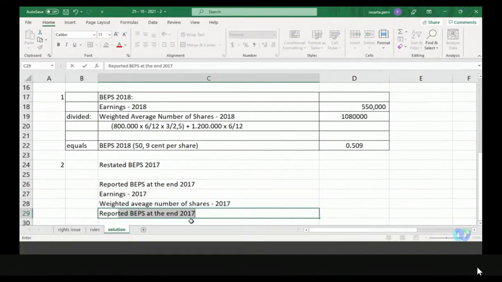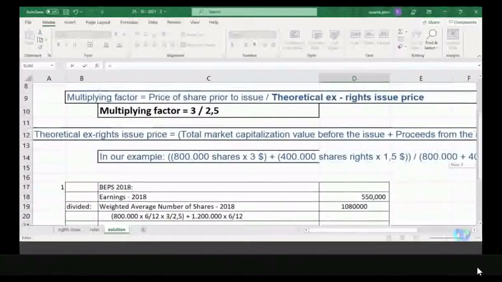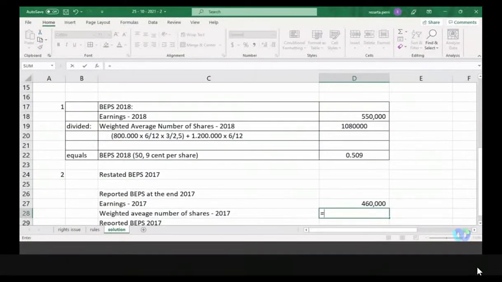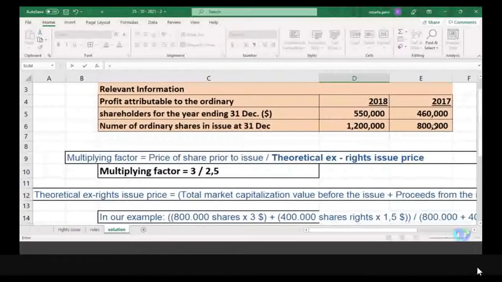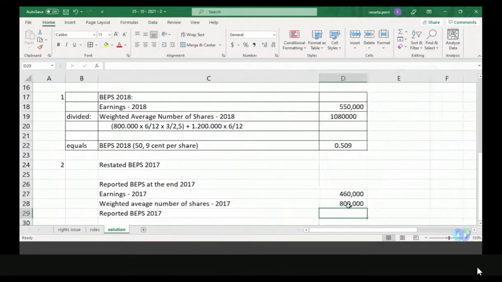So reported basic earnings per share in 2017, let's see what figure we get. The earnings of 2017 is over here. The weighted average number of shares is over here. We start and we end 2017 with basically the same amount of shares.